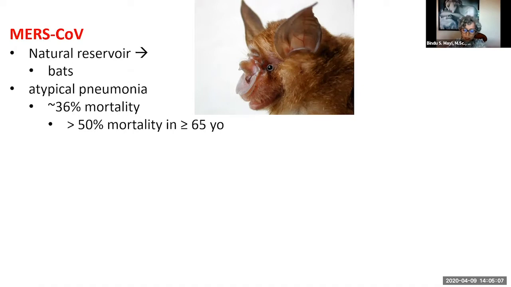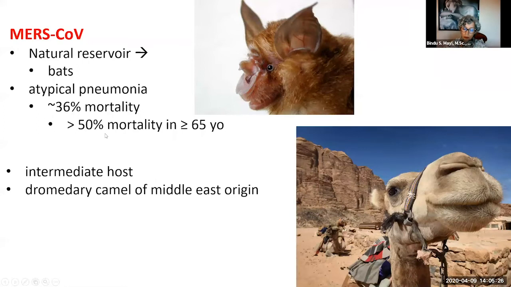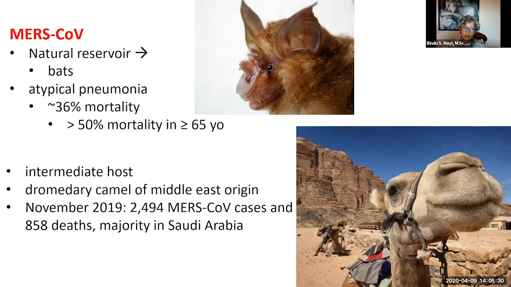It shows approximately 36% mortality across all age groups, which makes it one of the most lethal human viruses that we know of. And again, here too, when we factor in age, in the elderly population, this showed greater than 50% mortality. The intermediate host in this case was the dromedary camel of Middle Eastern origin.